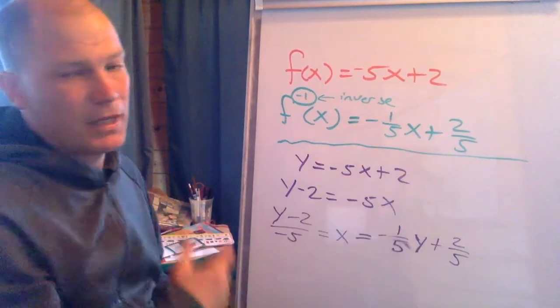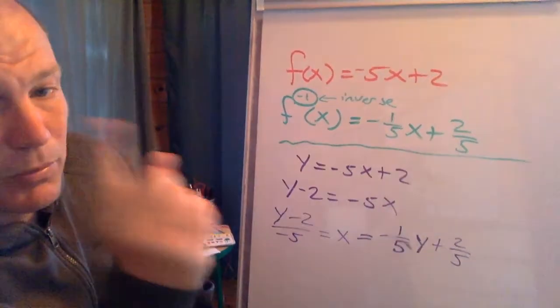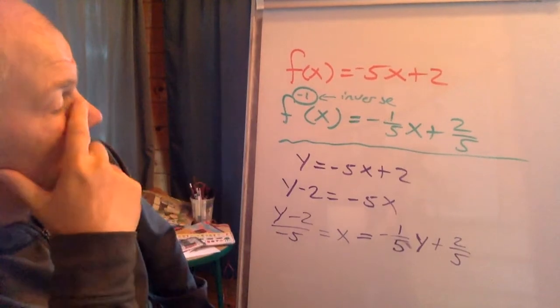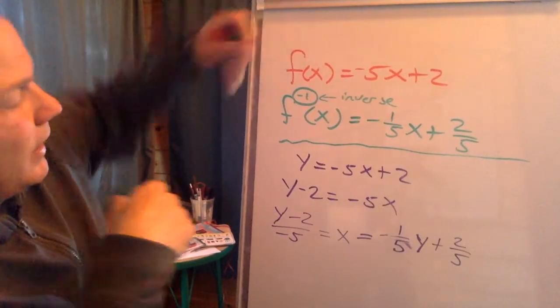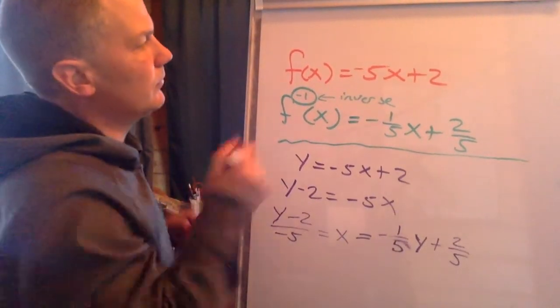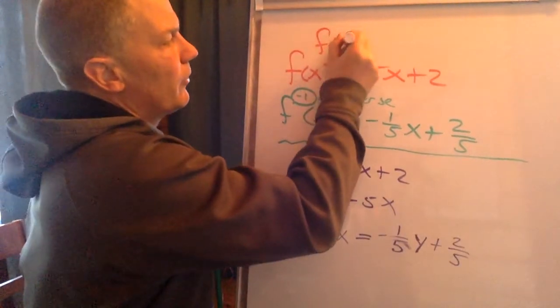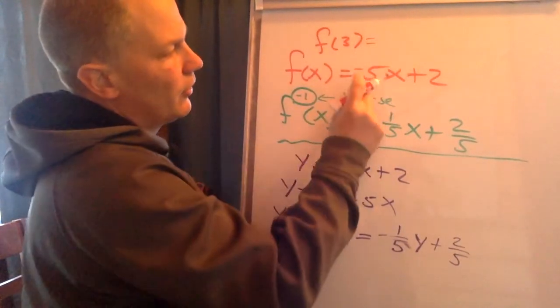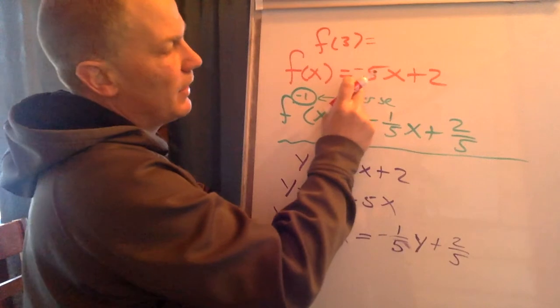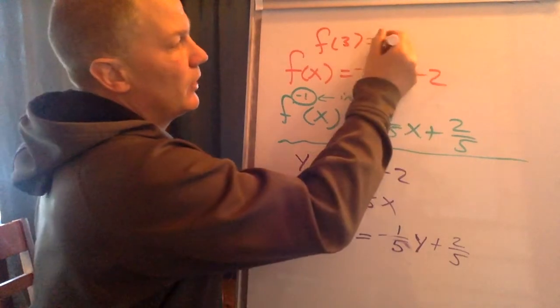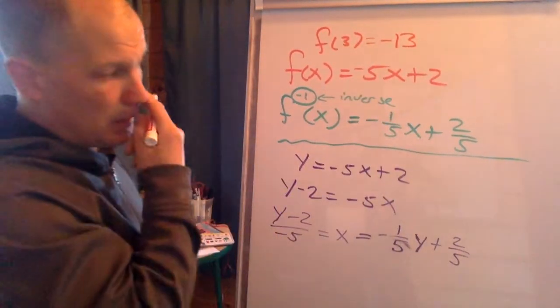This part might not make a lot of sense, but we're going to just test it with a number. What if I found f of 3? Well, f of 3 is 3 times negative 5, which is negative 15, plus 2 is negative 13. Okay?